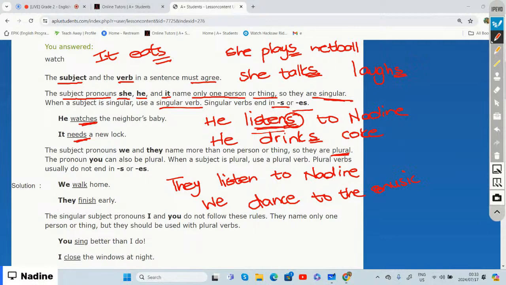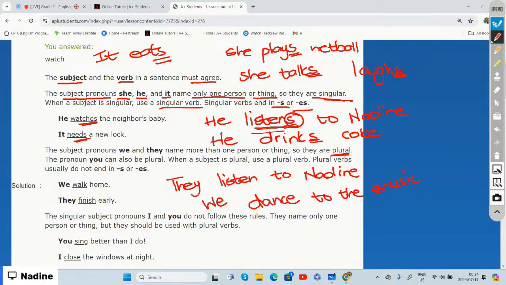All right, guys, do we understand? Do you want me to explain again, which I don't mind? Or should we go on to our test? Remember, a pronoun takes the place of a noun. Instead of saying the person's name, you can just say he, or if you're referring to a girl, you can say she.